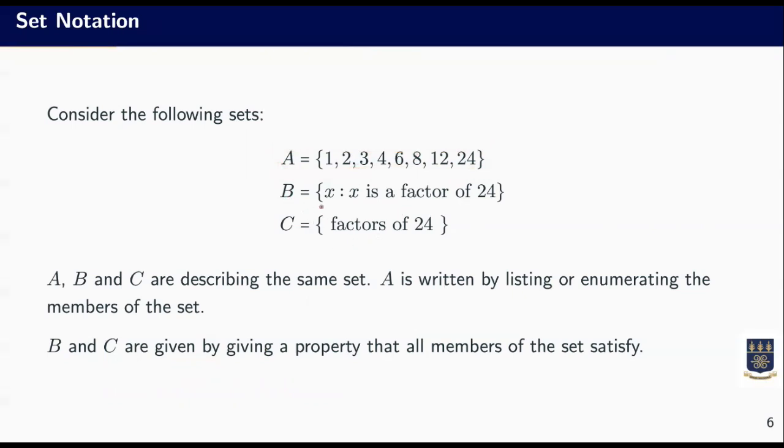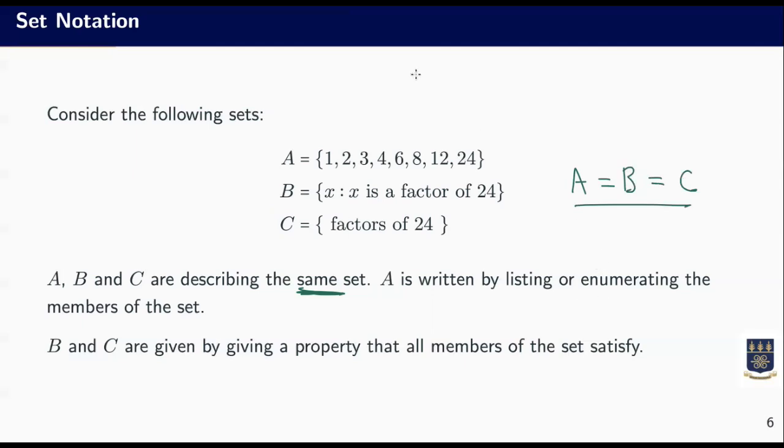Consider the set B. The set B is described as the set of elements x such that x is a factor of 24. In other words, these are the set of factors of 24. Or we can just write C. We have our brace for our set notation, and then you have factors of 24. And so A, B, and C are describing the same set. You see that A equals B equals C.